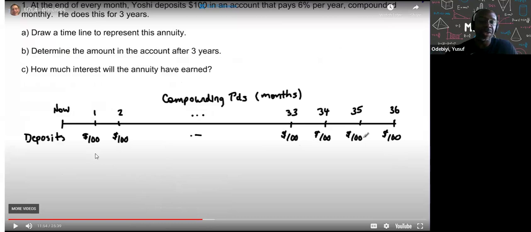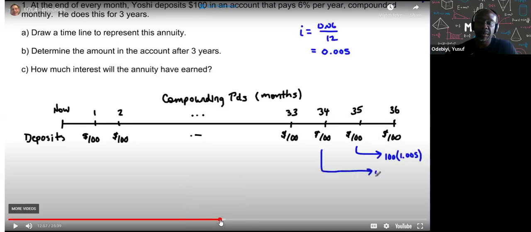So it will get the most interest. Each of these will get interest, but the first deposit will get the most interest on it. And it's compounded monthly, so your interest rate would be divided by 12.